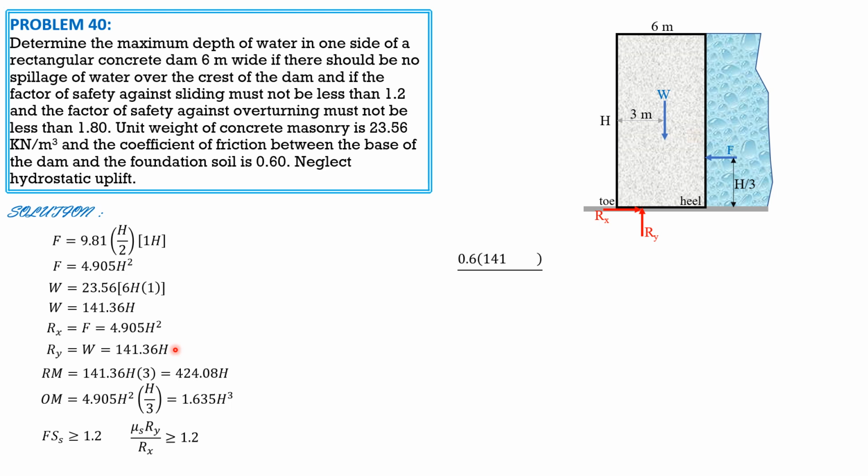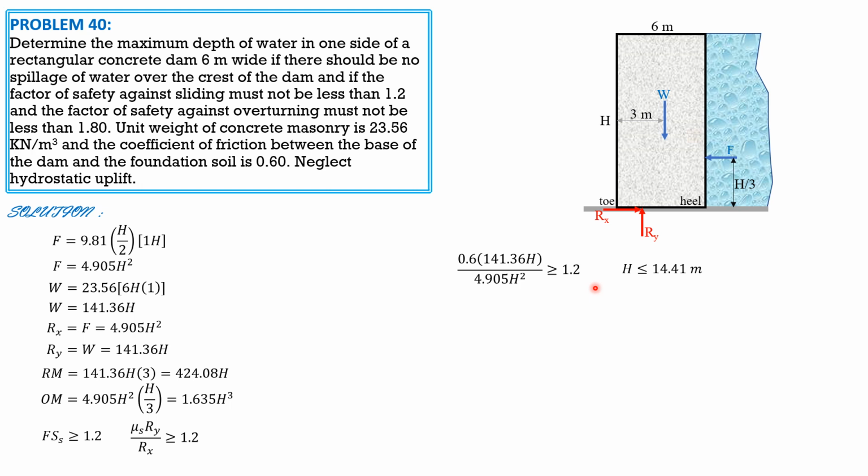So 0.6 times Ry, which is 141.36 h, over Rx, which is 4.905 h squared, must be greater than or equal to 1.2. Therefore, if we solve for h, h must be less than or equal to 14.41 meters. That is based on the condition that the factor of safety must not be less than 1.2.